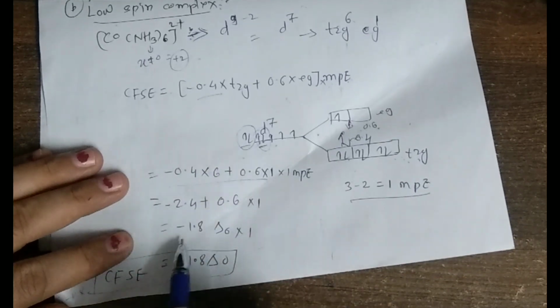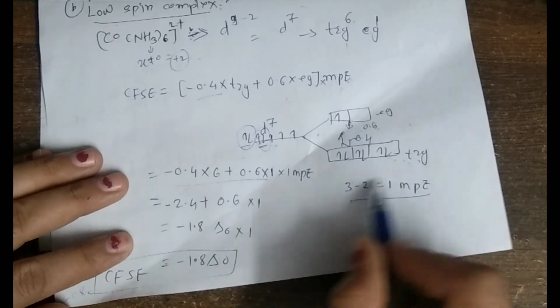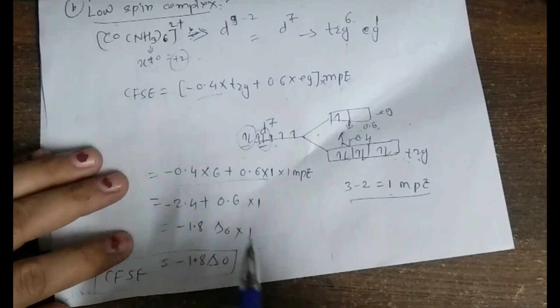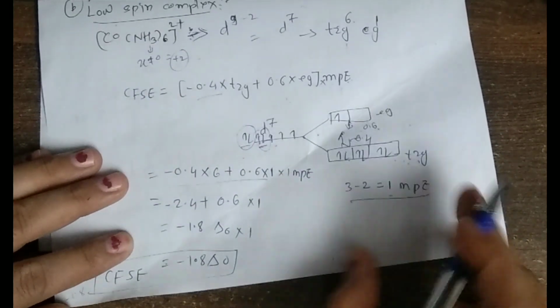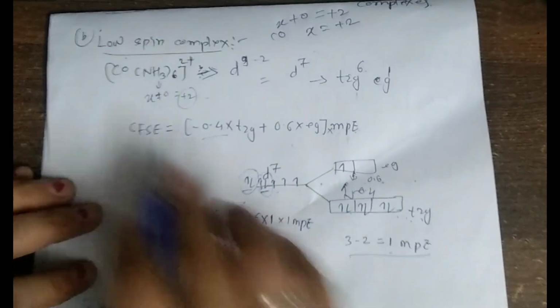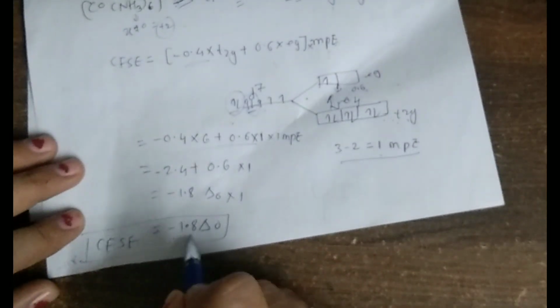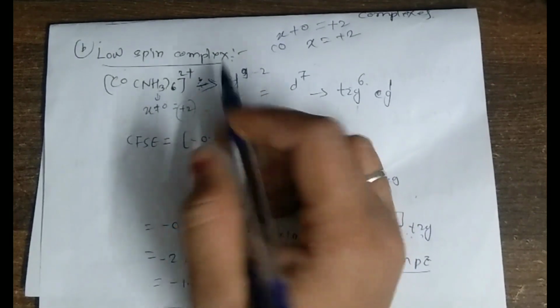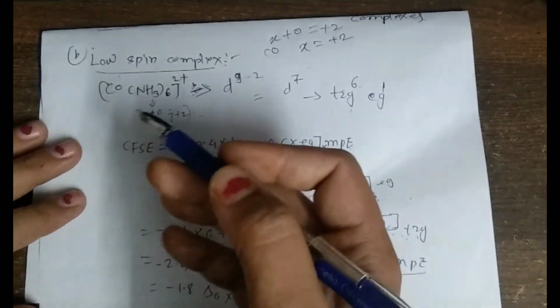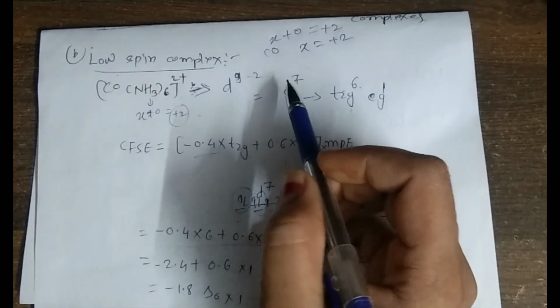After calculating this, it will be minus 1.8 delta 0 plus one mean pairing energy, so the CFSE of a low spin complex, in the case of the cobalt hexacyano 2 plus ion, is found to be minus 1.8 delta 0. I have already given the example of a high spin complex in my previous video. You can check it out. Thank you.